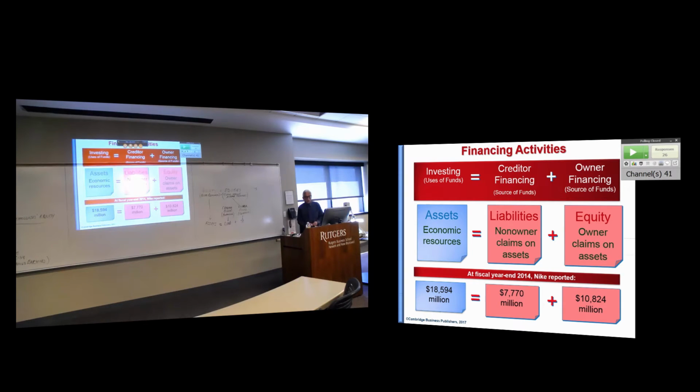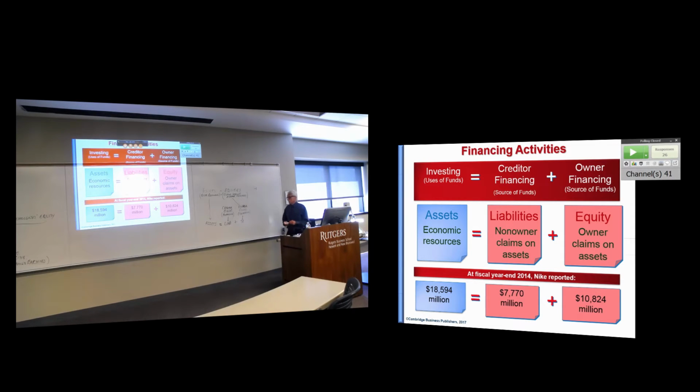So Nike, that's an example of Nike's balance sheet, where assets are $18,594,000,000. Liabilities are $7,770,000,000, and then of course their equity, $10,824,000,000. And that is the balance sheet equation. Now we'll be pushing numbers through this equation throughout the course, but that is their balance sheet equation.